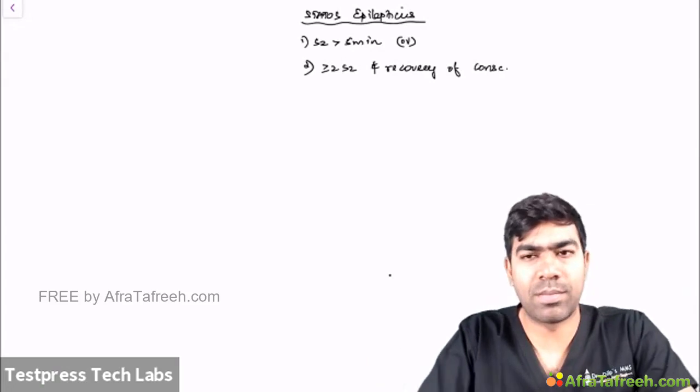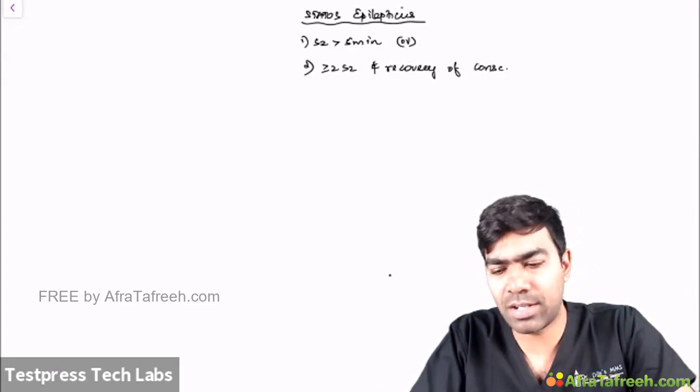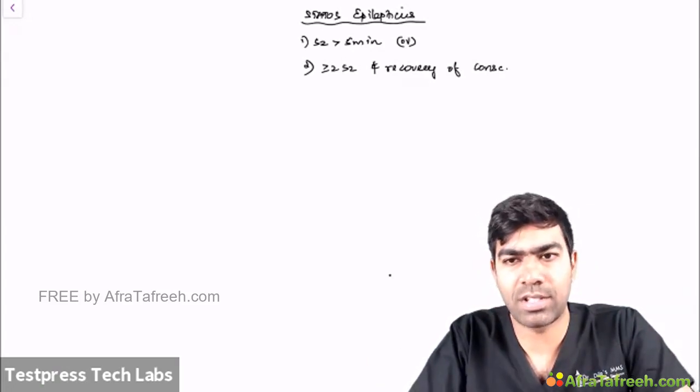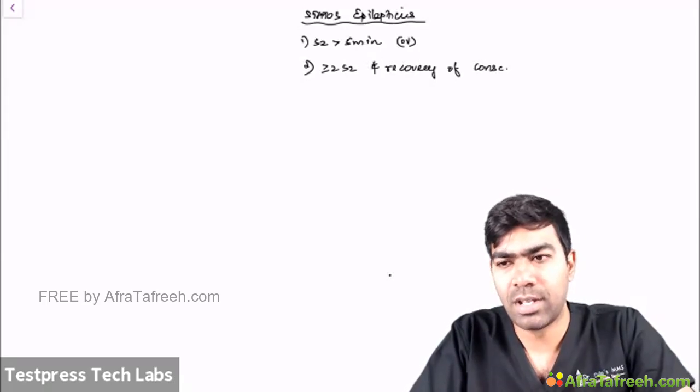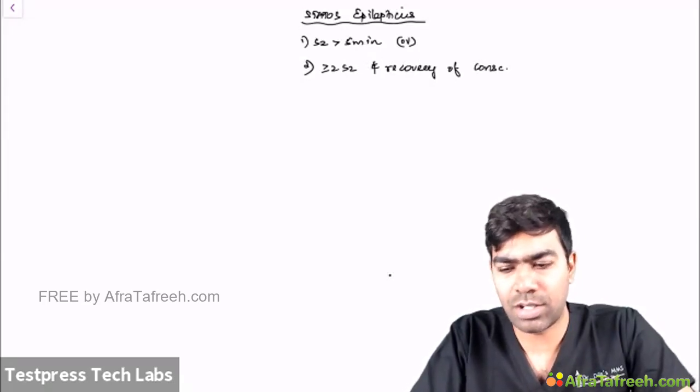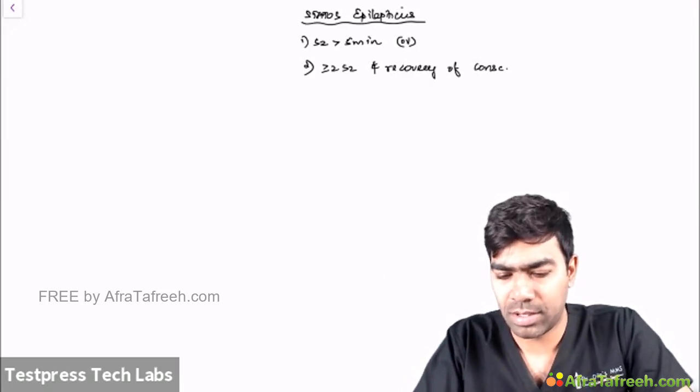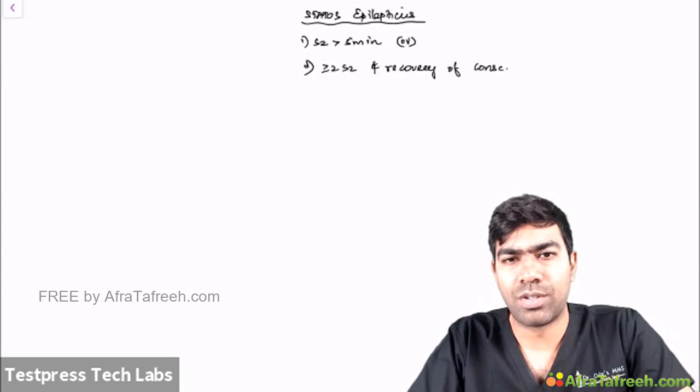So either a single seizure lasting more than 5 minutes, or 2 or more seizures without recovery of consciousness in between. This is what we refer to as status epilepticus.